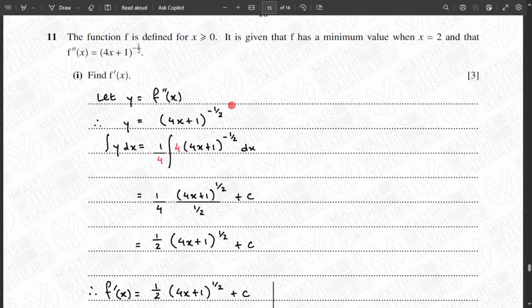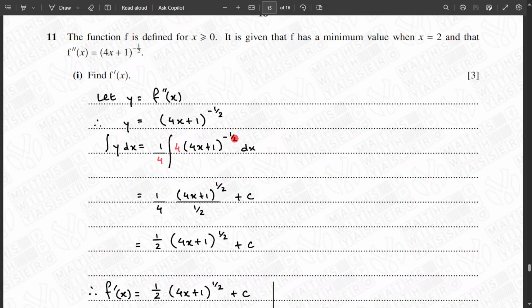In order to integrate this, we must take the power as the operator, so we need to differentiate the element within the brackets. That will be 4. So we can bring 4 over here after differentiating, and balance the equation by having 1/4 outside. After that, we can integrate the power.